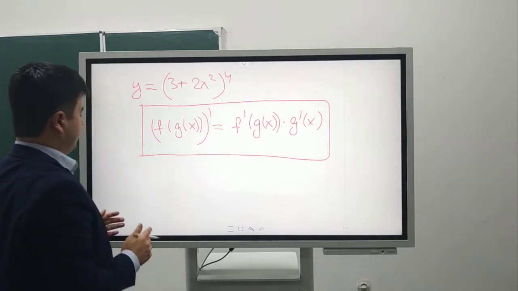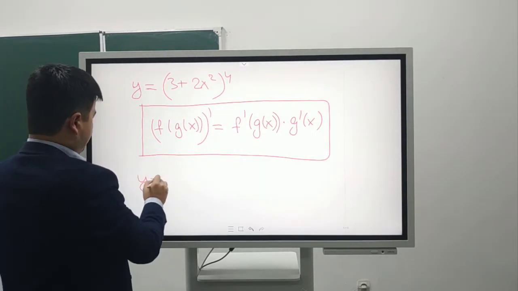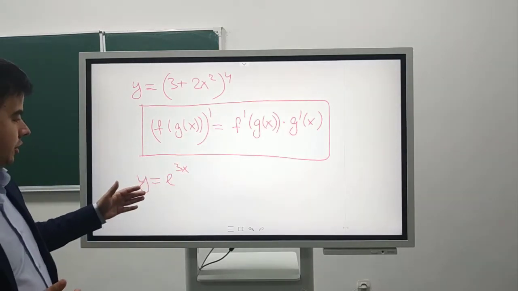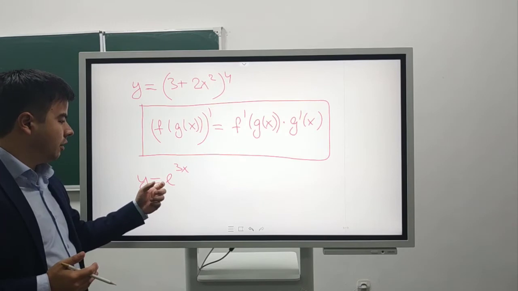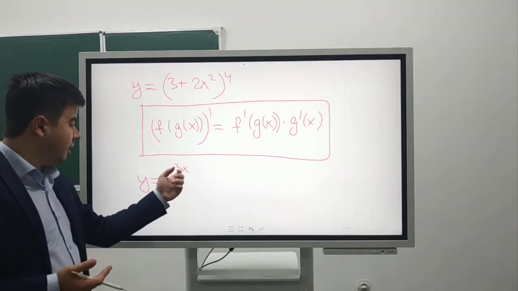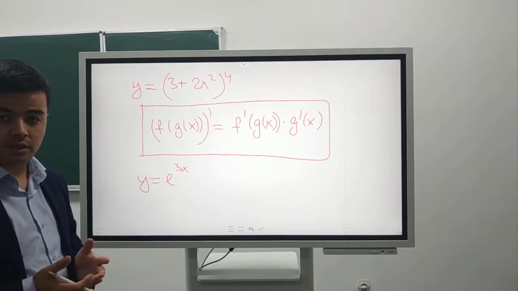So, for example, y equals e to the power of 3x. This is also a composite function because here we have the first function, e to the power of x, and the second function, 3x.